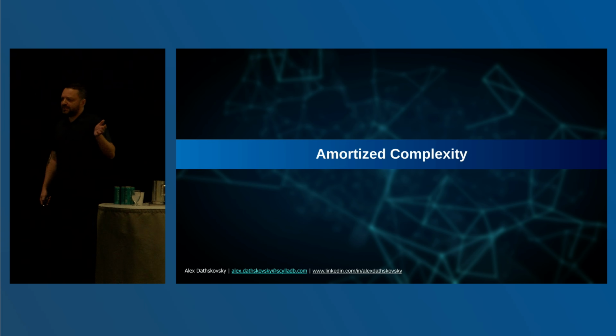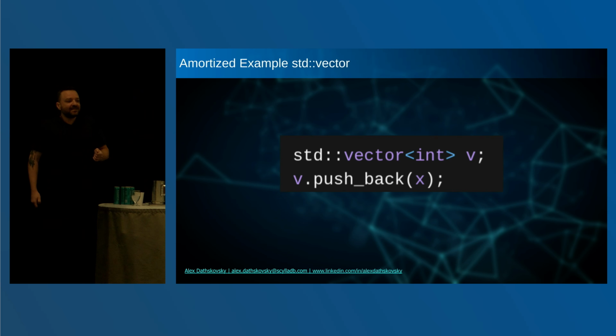Now let's talk about amortized time. Amortized is an invention of humans. We just said, hey, some things run slower than we say, so let's invent something that will say it runs faster. A very good example for that is a vector. When you push to a vector, it may reallocate.